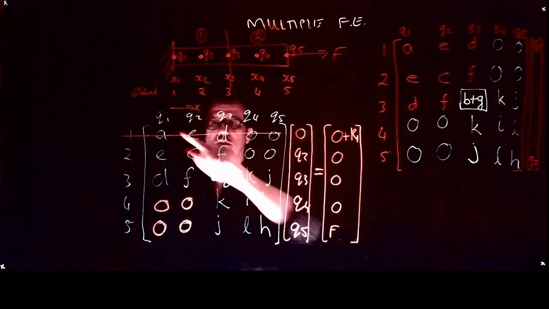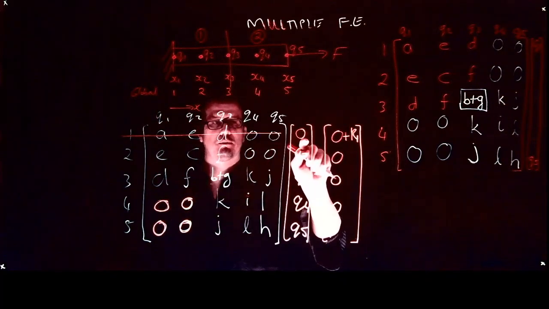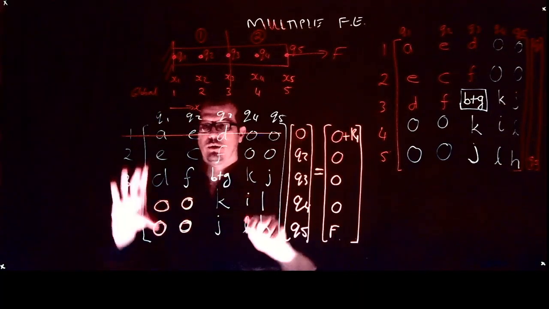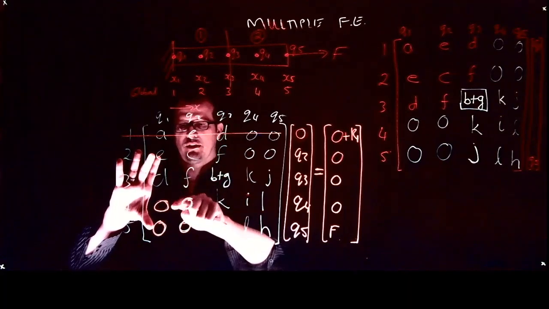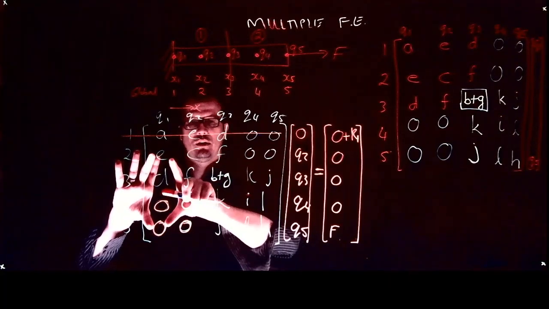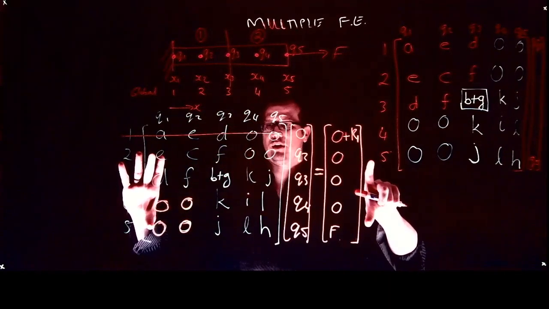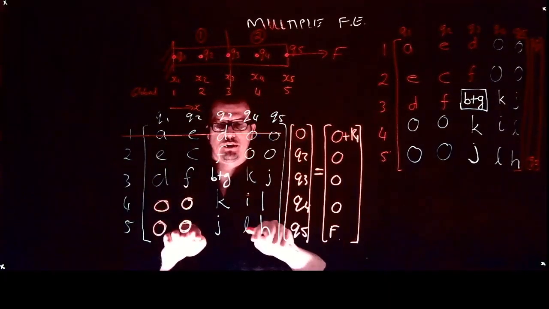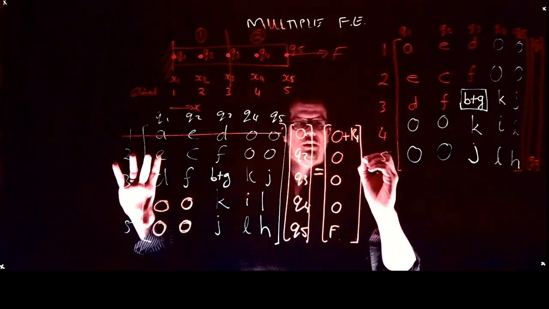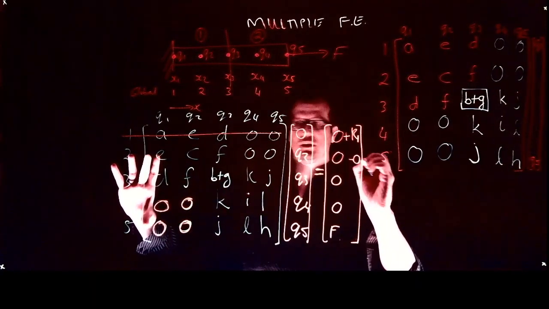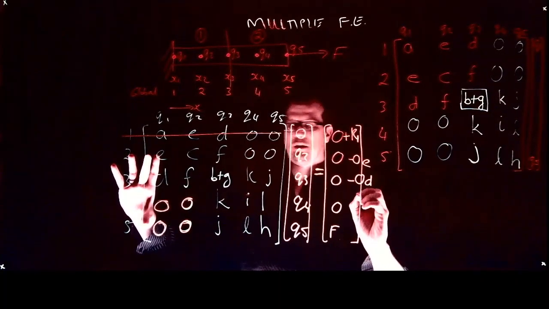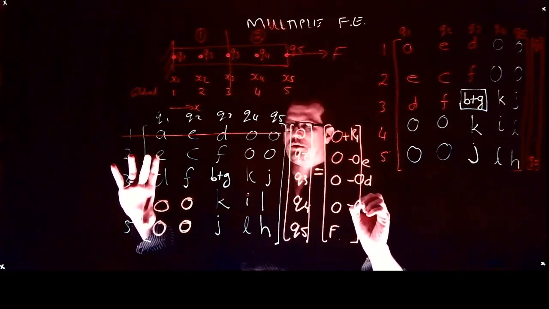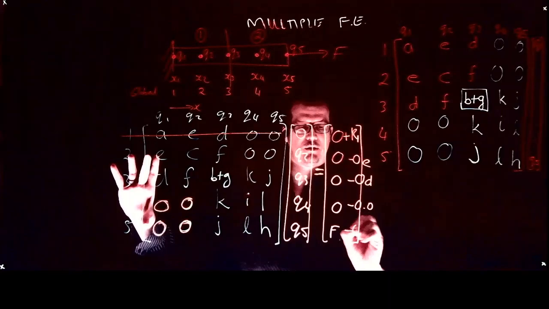This column Q1 is actually being multiplied by 0. So I can take this column, E, D, 0, 0, multiplied by Q1, and shift it towards this side. Then I'm left with this little 4x4 system. So this is minus 0 times E, minus 0 times D, minus 0 times 0, minus 0 times 0.